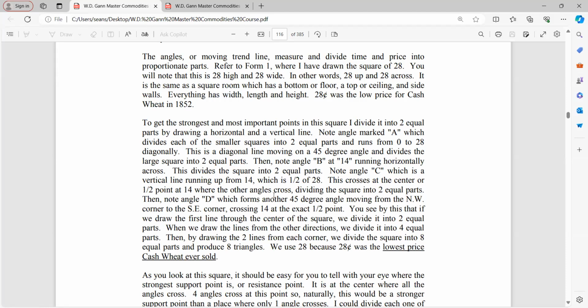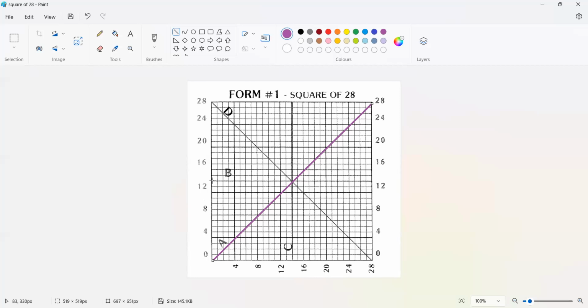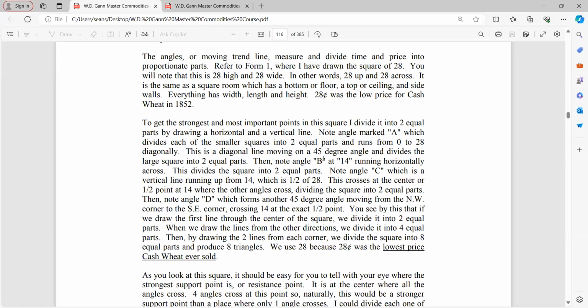This divides the square into two equal parts, up and down. Note angle C, which is a vertical line running up from 14, which is half of 28. This crosses at the center or half point at 14, where the other angles cross, dividing the square into two equal parts.